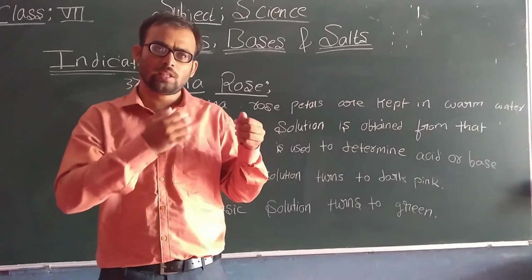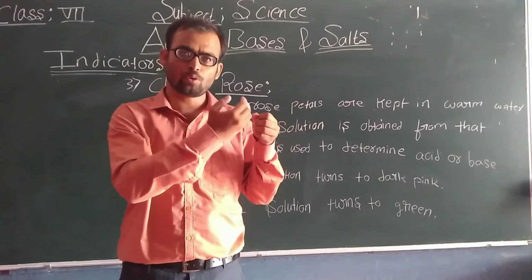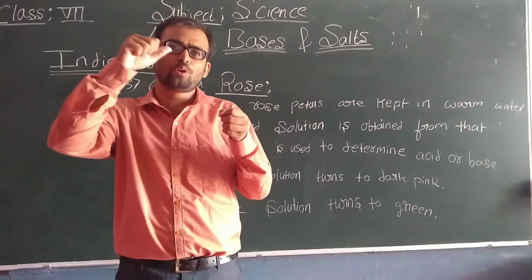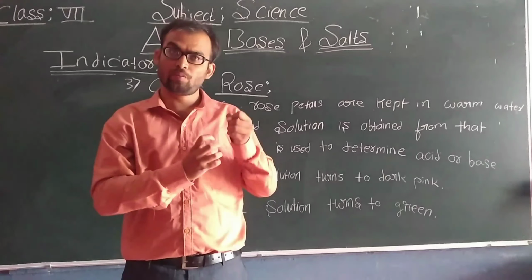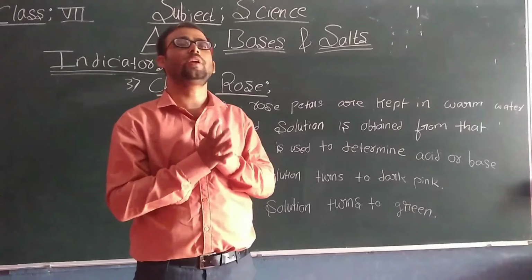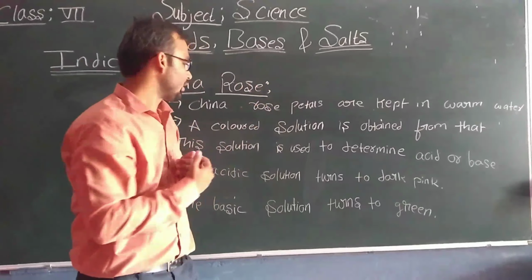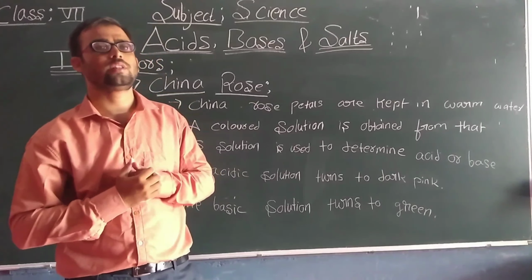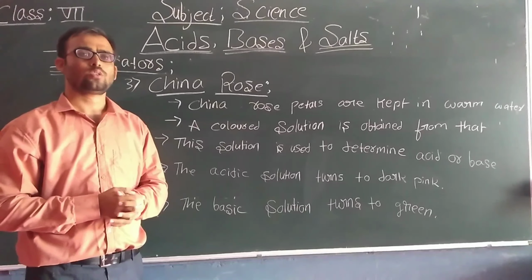Suppose there is a solution, and we put the colored water in that solution. If that solution turns to green, then we can easily determine that the substance contains bases.